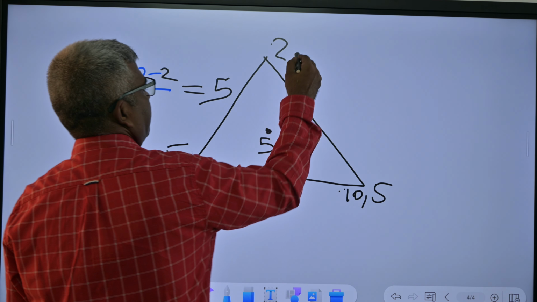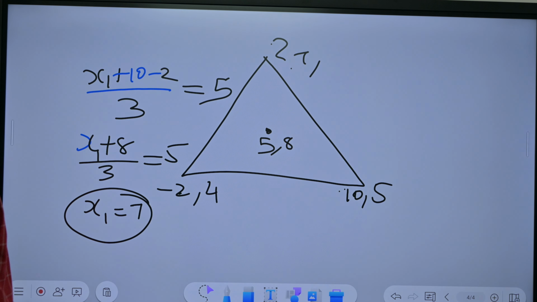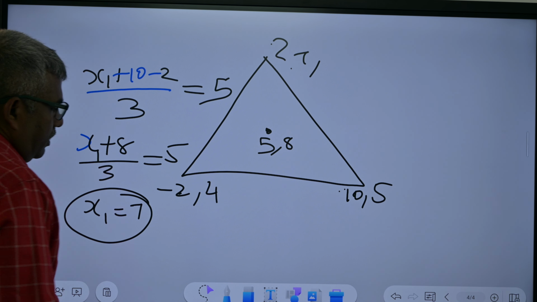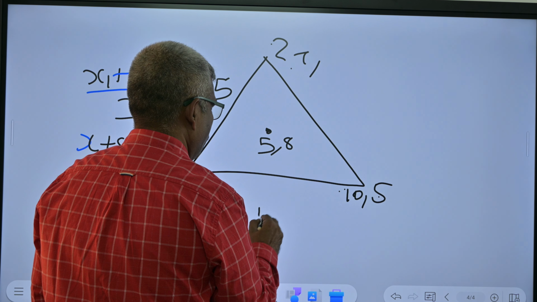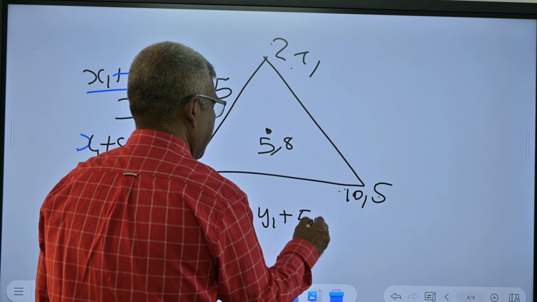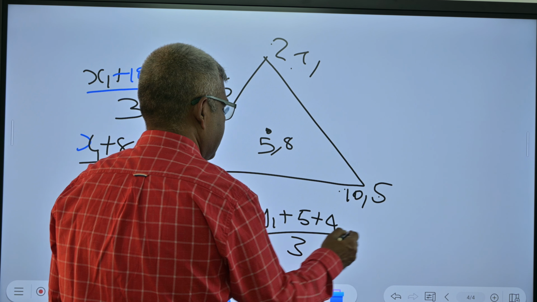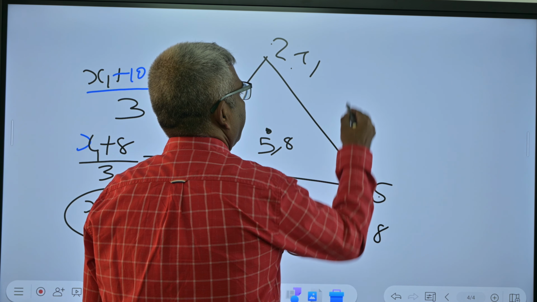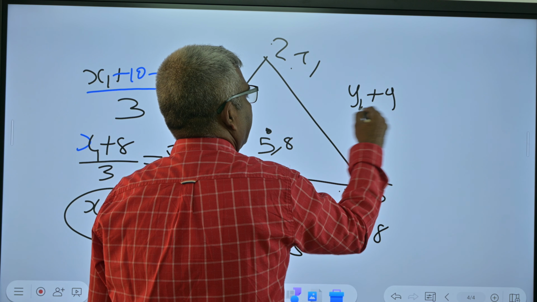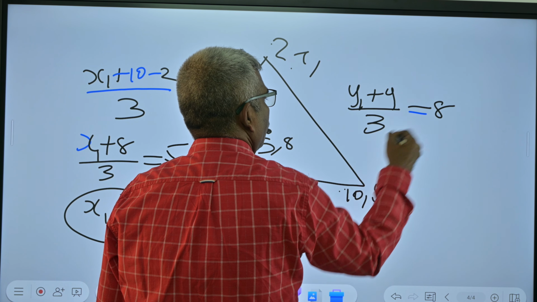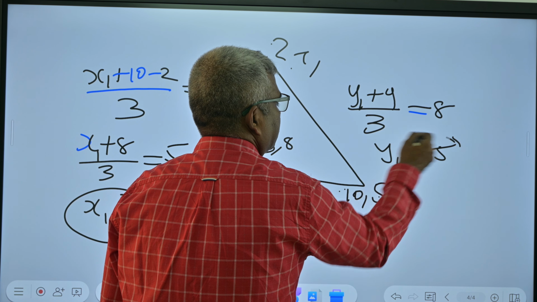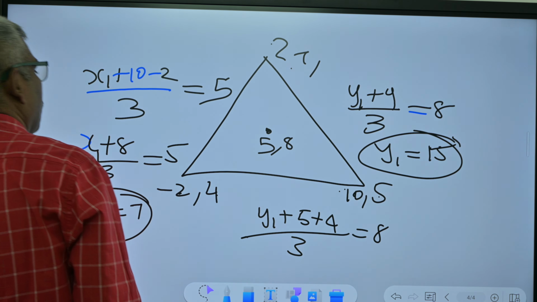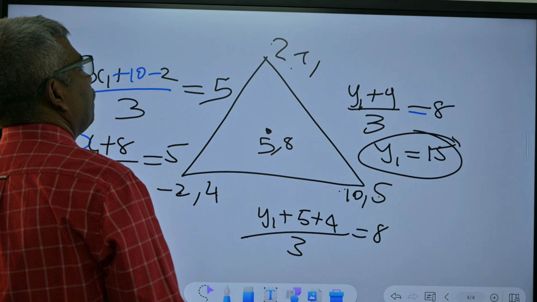Now y1 plus 5 plus 4 divided by 3 is equal to 8. y1 plus 9 divided by 3 is equal to 8. y1 is equal to 24 minus 9, 15. So the coordinate is 7, 15.